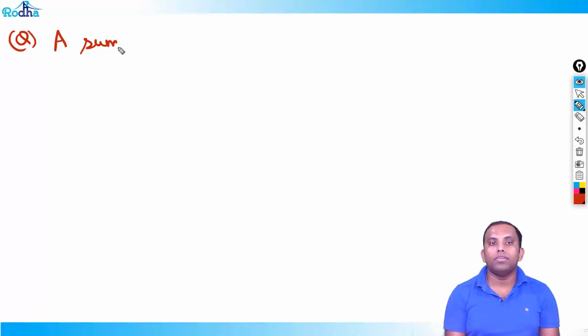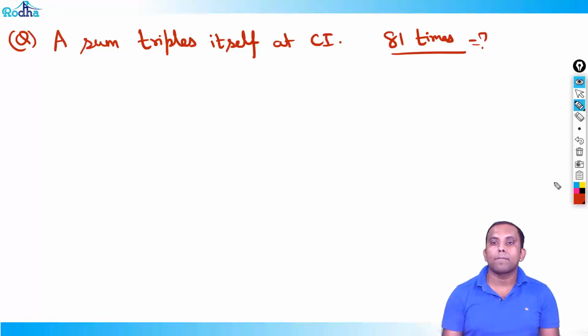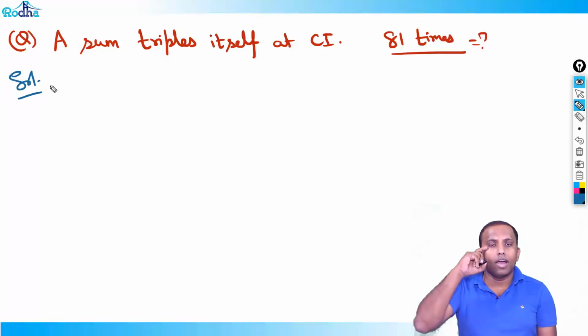A sum triples itself at compound interest. In how many years will it be 81 times of itself? Can you solve it? Easily we can do it. A sum triples itself at CI. In how many years will it be 81 times of itself?